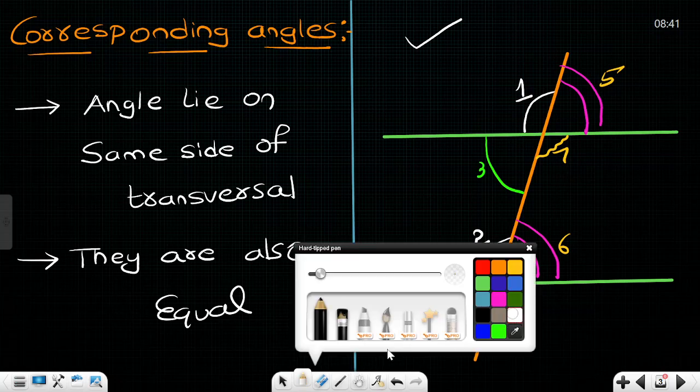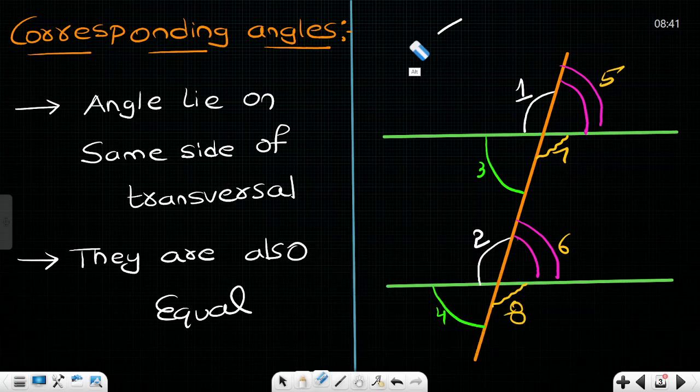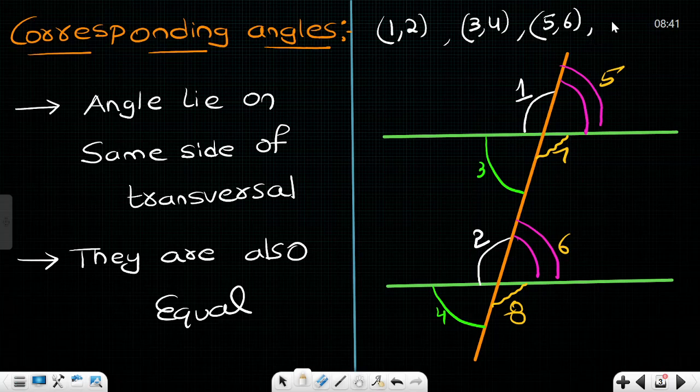Therefore, what pairs of angles can be considered as corresponding: 1, 2 pair, and then 3, 4 pair, and then 5, 6 pair, and then 7, 8 pair. These come under corresponding angles, right? Now I am going ahead.